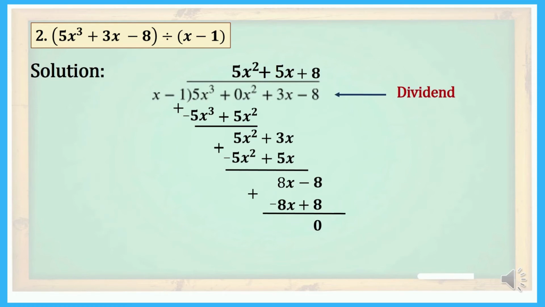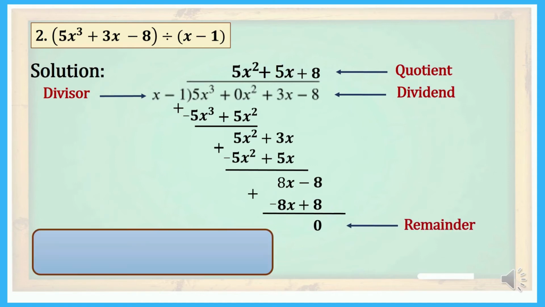So again, 5x cubed plus 0x squared plus 3x minus 8 is our dividend, or the p of x, and x minus 1 is our divisor, and 5x squared plus 5x plus 8 is our quotient, or the q of x, and 0 is the remainder. So write your final answer in this manner: 5x cubed plus 3x minus 8 all over x minus 1. This is your dividend, or the p of x.